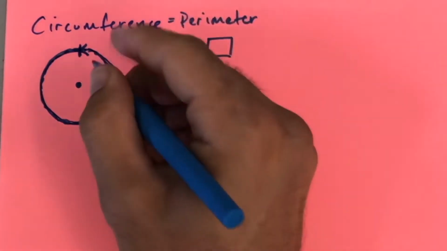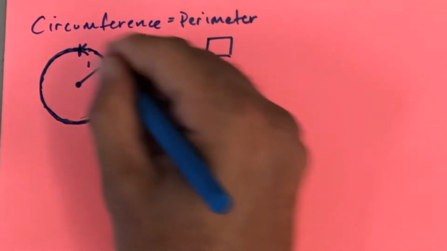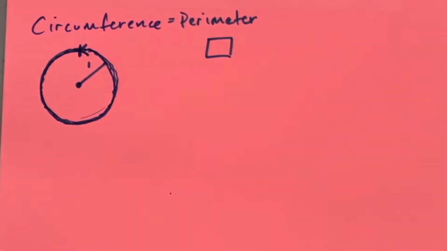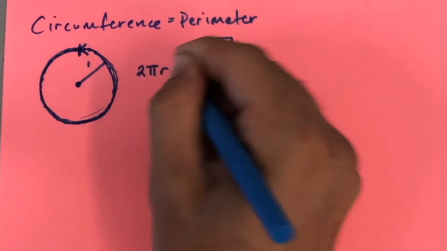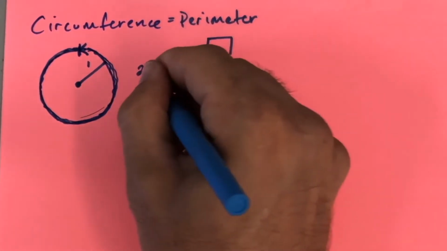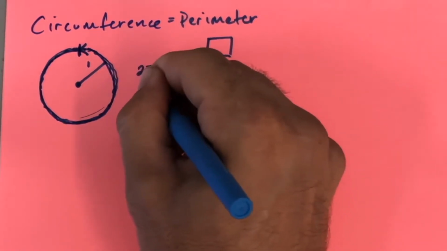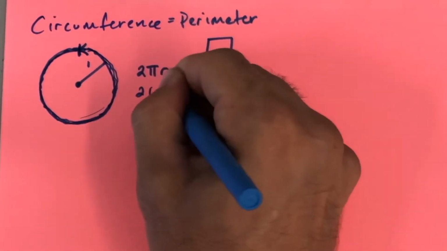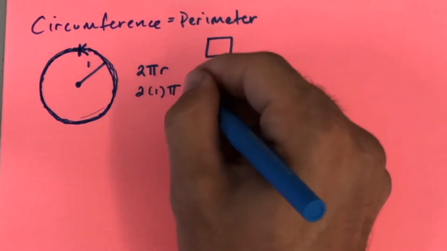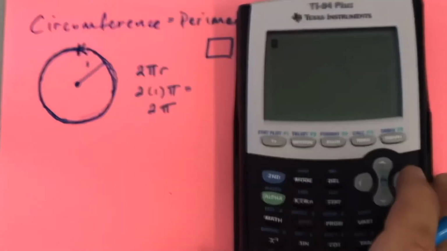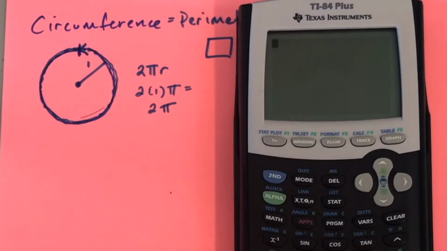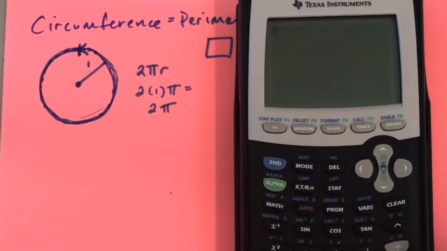Now, if you have a radius of 1 and we're to measure the circumference, 2 pi r, 2 times 1 times pi, you would get whatever 2 pi is, meaning you would get around the circle once, and you could do that in a calculator.